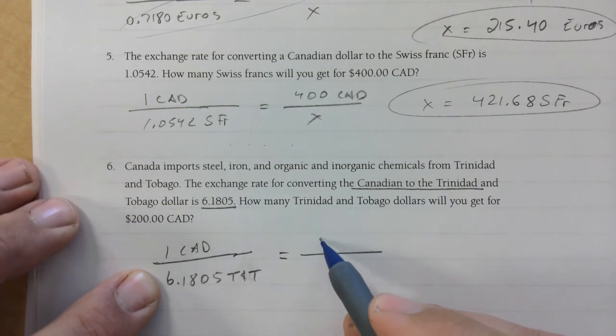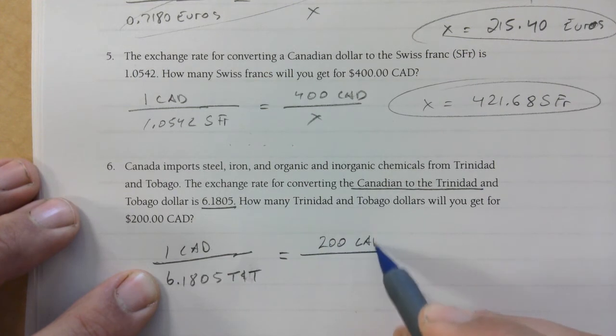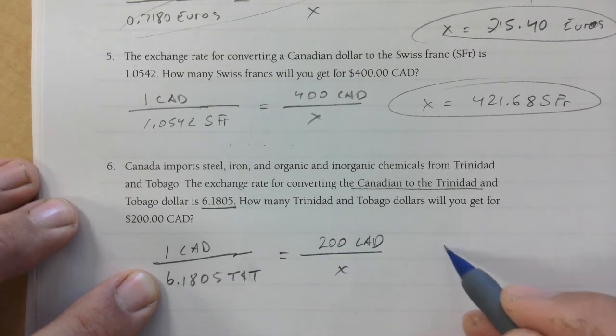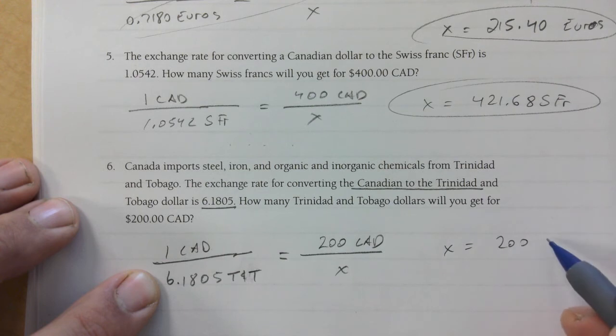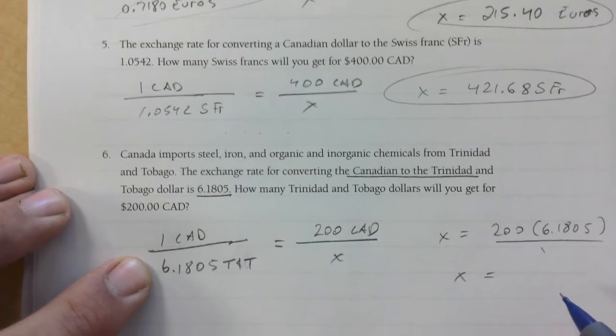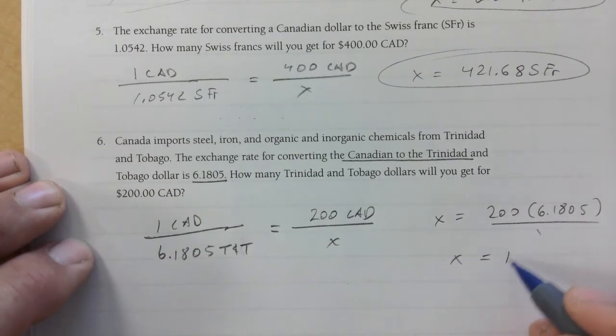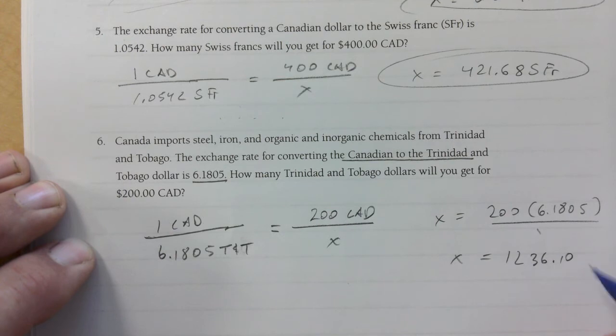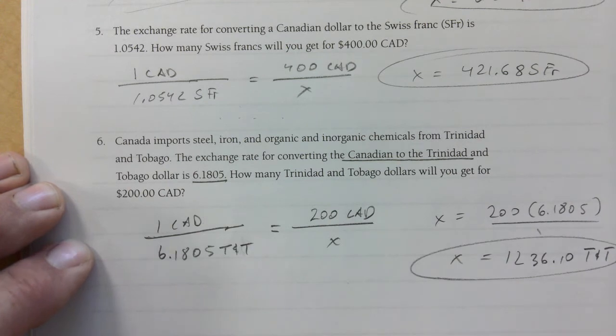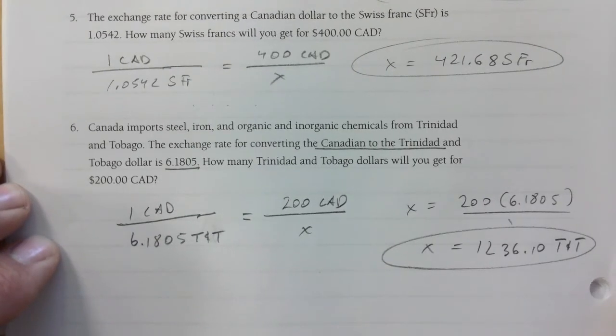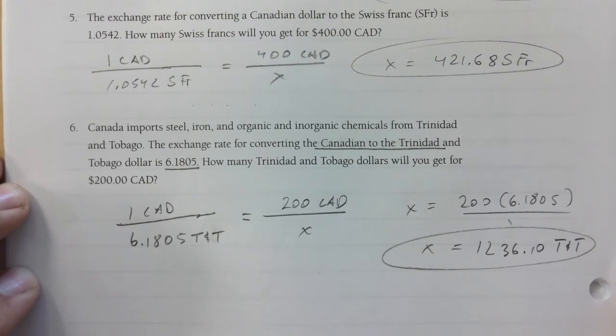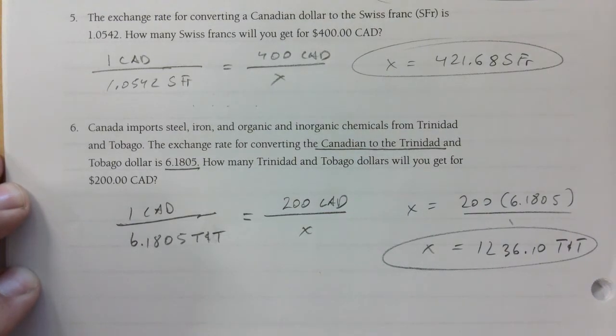And over here you have 200 Canadian. This is your X. You go 200 times 6.1805 divided by 1. You get 1236.10 TTD. So there you have that.